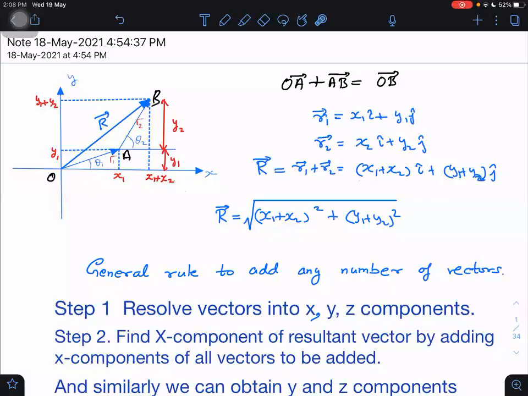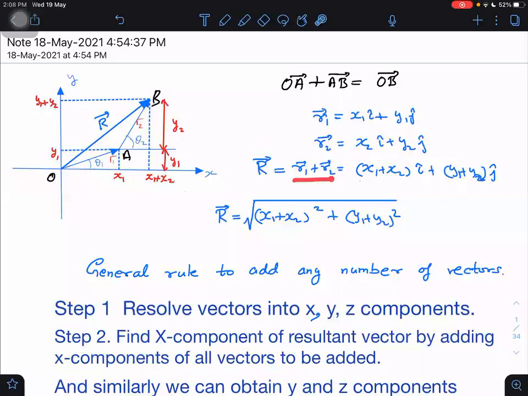Next, what are the coordinates of A? A has coordinates x1 and y1. Then I can write the r1 value as x1 i cap plus y1 j cap. What can I write r2 as? r2 I can write as x2 i cap plus y2 j cap. So what will be the resultant vector?